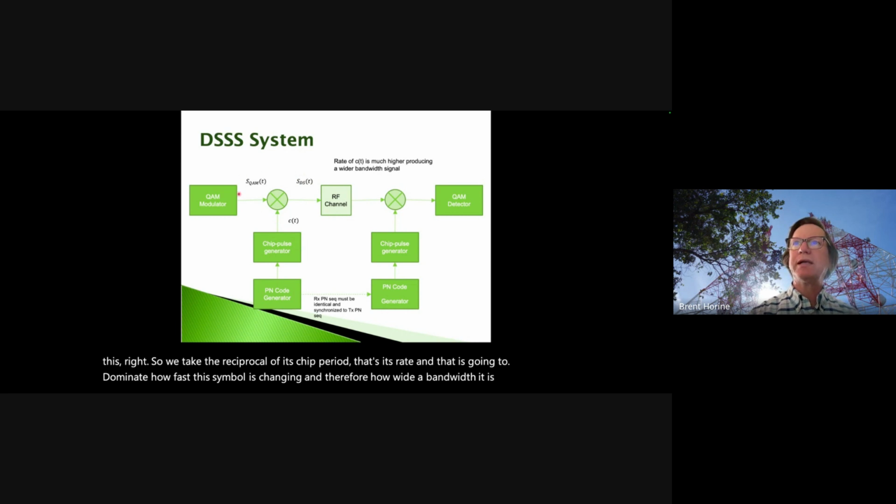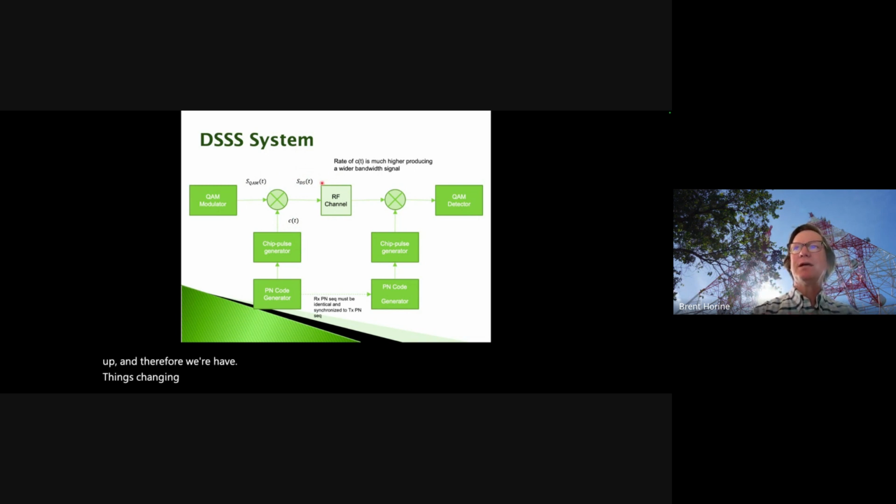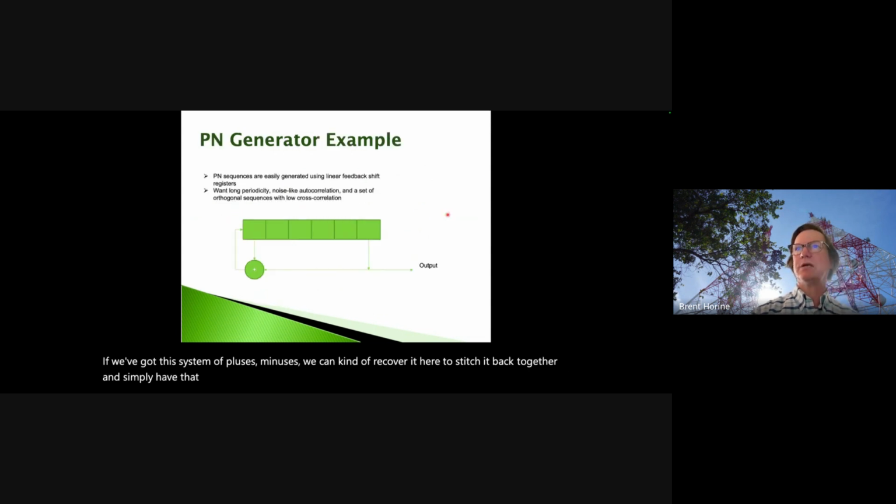So we're spreading it by essentially chopping it with this chip sequence, with things changing at a much faster rate, spreading that bandwidth out. Then we chop it again with this same sequence and we recover it. With this system of pluses and minuses, we stitch it back together and have that sequence of QAM signals coming out.